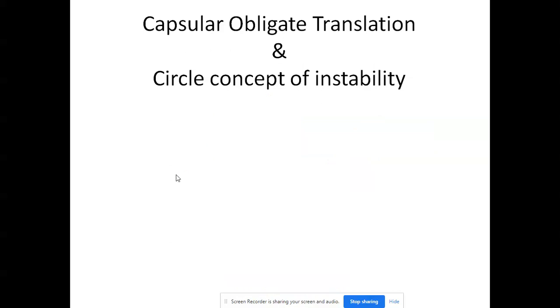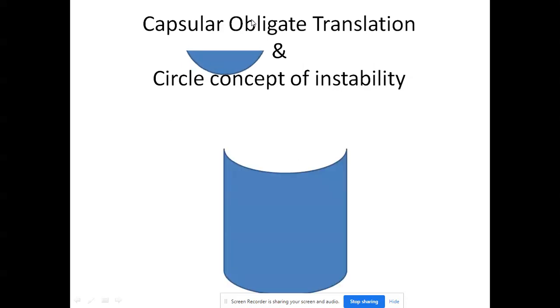What happens in capsular obligate translation? Split the term. Something is happening to the capsule which is causing something to get translated in the opposite direction. That is nothing but your capsular. Something is happening to the capsule, obligate, opposite, translation, direction of movement. So if something happens to the capsule, it causes the humeral head to translate in the opposite direction.